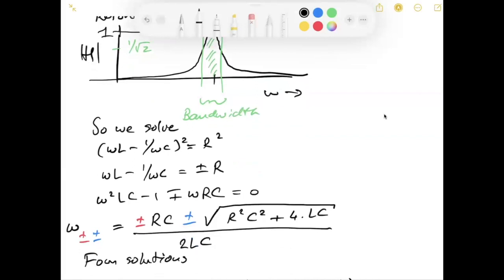Then bring everything over to the left-hand side and multiply all 3 terms by omega C. You see that I inverted the plus minus; it became a minus plus. It's a good idea to do that, even though in the end it doesn't matter too much because both are still valid options, just to keep track of the fact that the sign inverted.